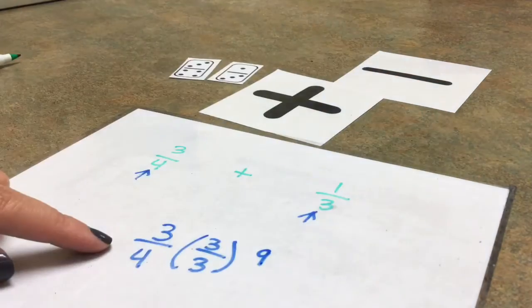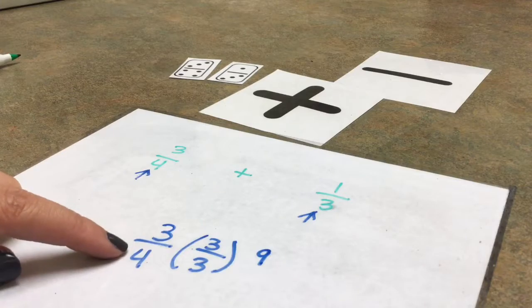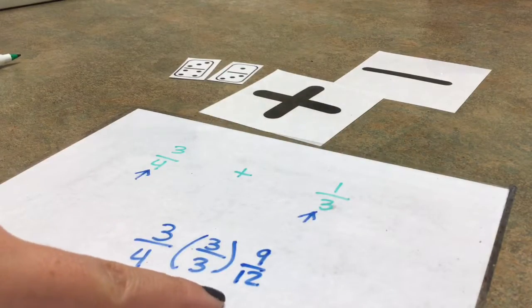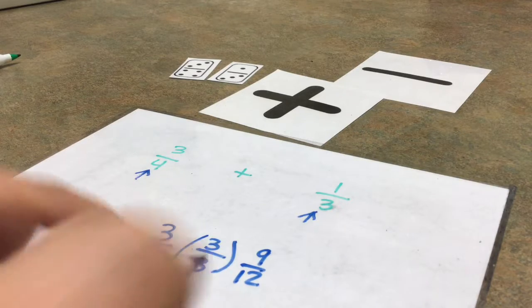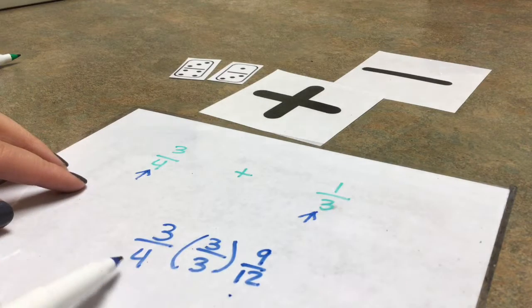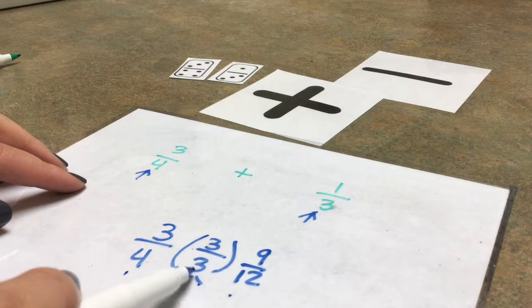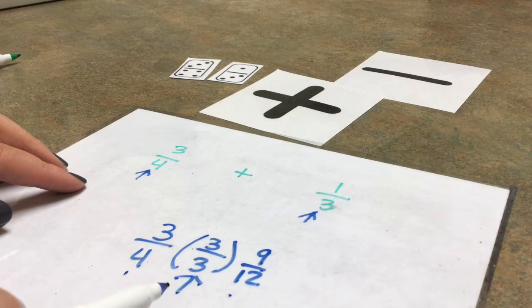So 3 times 3 gives us 9, and 4 times 3 gives us 12. So the fraction now becomes 9/12. The fraction is still the same amount as 3/4, it just looks different because we multiplied by 1 whole, okay? So 3 over 3 is 1 whole.